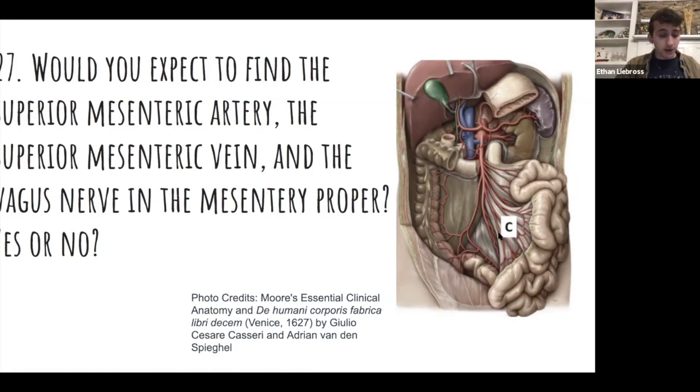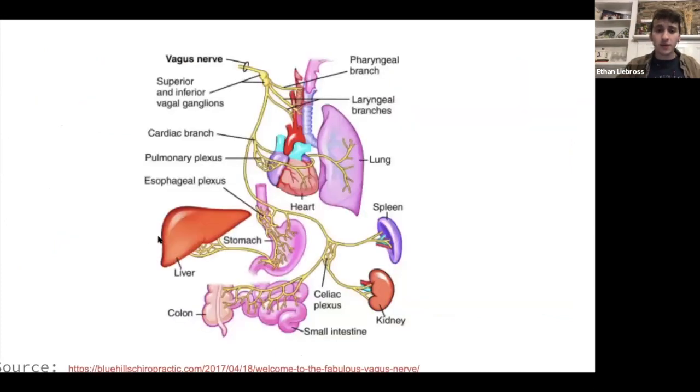And you may be surprised by this because you might think the vagus nerve is just up top near the head, but actually it's known as the wandering nerve. So I have a picture over here of the vagus nerve, which kind of runs everywhere throughout our body, it seems like, especially in the abdominopelvic region.